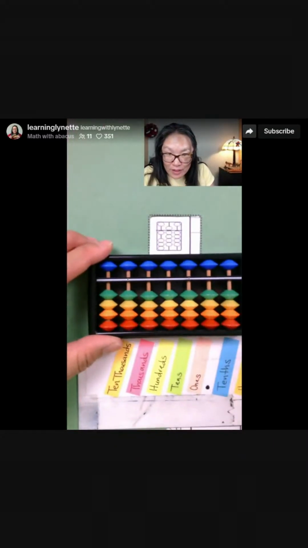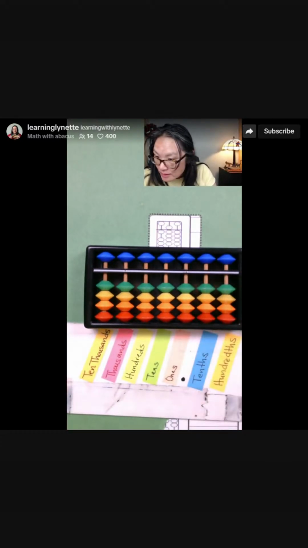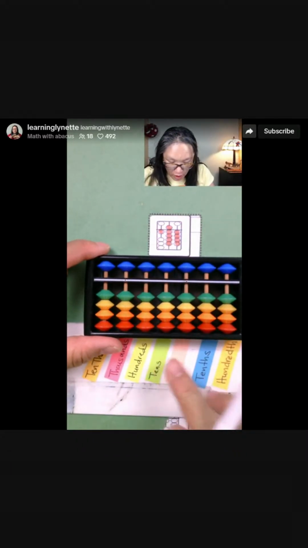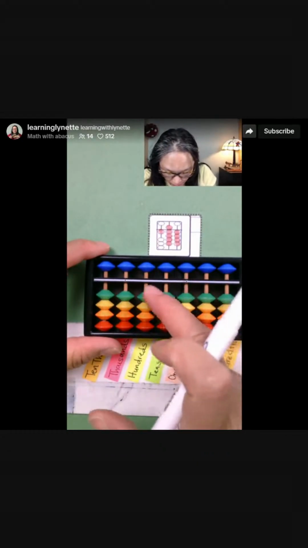I'm trying to explain that if I have my hundreds, this is my hundreds, this is my tens, so I have 5, 6, 7, 8, 9, and then I have 1, 2, 3, 4. Every column is a place value. Ooh, almost. It's 1, 9, 4. So Johnny, just so you know, we didn't have the top bead.